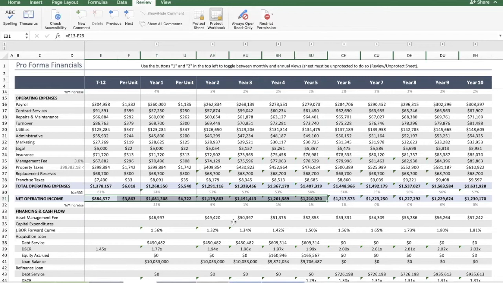And another thing too is, for this purposes here, we're assuming that all those reserves get spent, which is pretty conservative, especially with a value add plan where you're coming to the deal with a CapEx budget. You're going to be fixing a lot of those replacement reserve items that would ordinarily be used from that reserve.